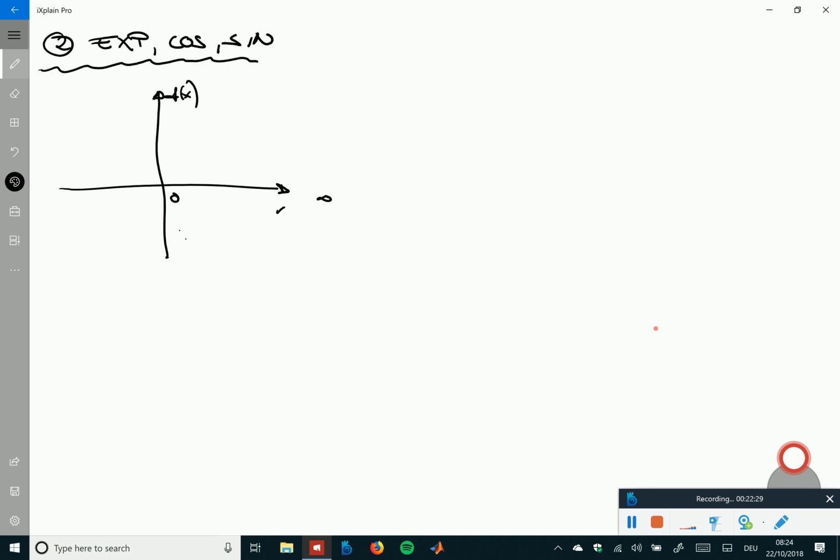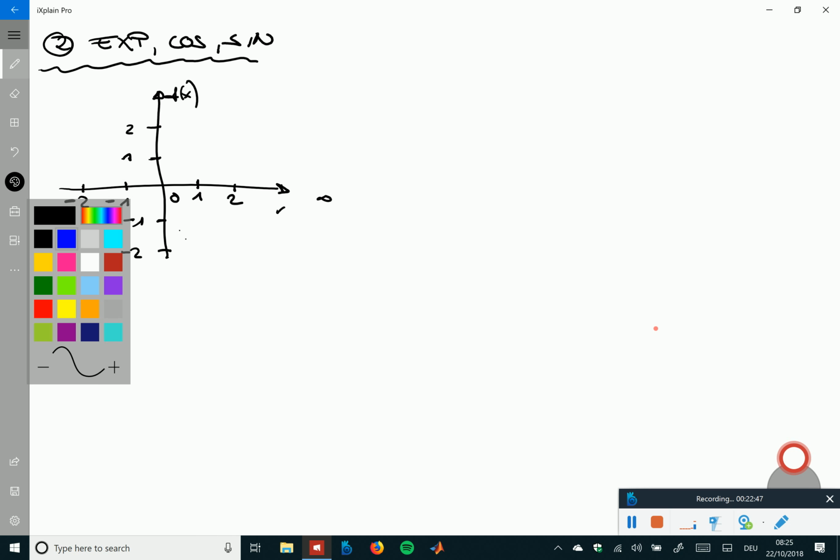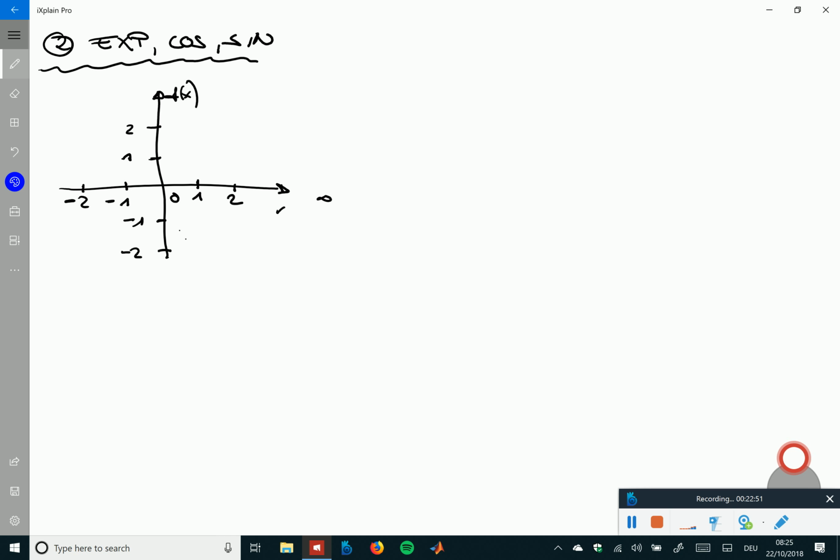So maybe just simpler, because we also need the 1 at least, and minus 1, minus 2. So it's a thing that you've seen many times in school. If you plot the exponential function, so you evaluate the exponential function, what you will get is a graph, which is also plotted here.